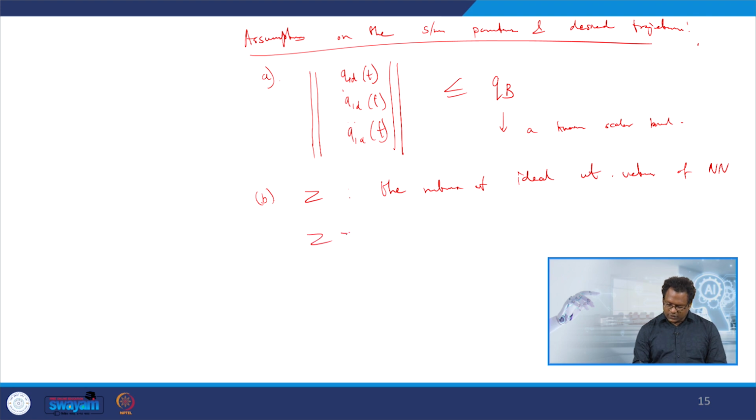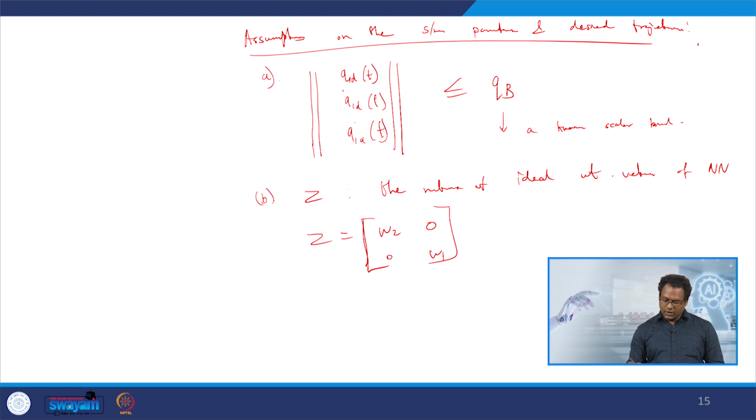That Z matrix is given by W2 0 0 W1 as the first and second rows, where W1 and W2 are the ideal, constant weight vectors of the ideal neural network, which gives the output equal to the exact target.